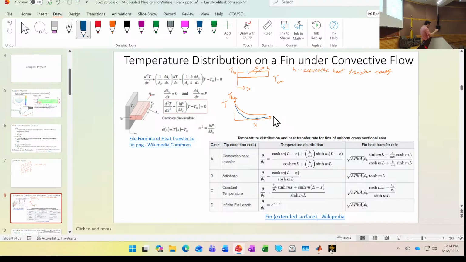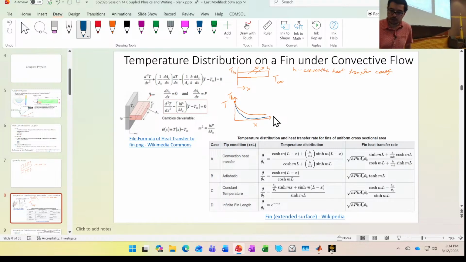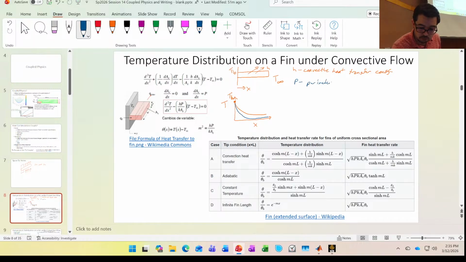If it's a pin, which we're going to be using, or if you're thinking of the wetted perimeter, we'll call it P. P is in here, you'll see some P's here. P is the perimeter. AC is the cross-sectional area.